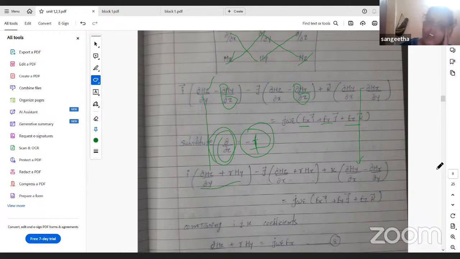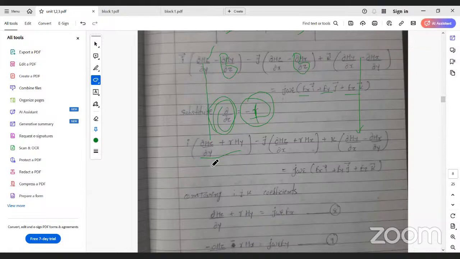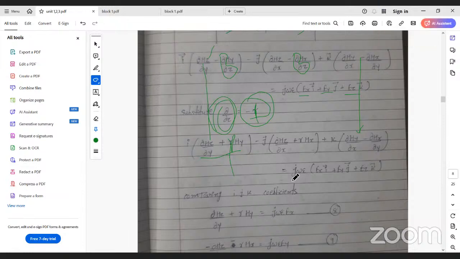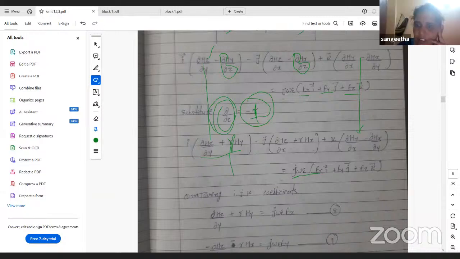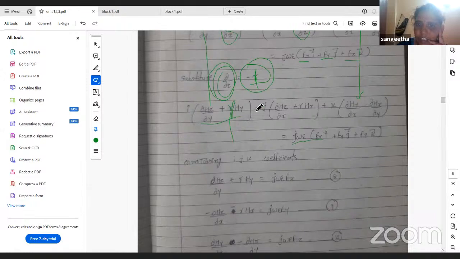Next, the RHS part. Now I am comparing the i, j, k coefficients. What is the i coefficient here? Dou Hz by dou y plus gamma Hy is equal to what you have on the RHS side: j omega epsilon Ex. Now the next second term: dou Hz by dou x plus gamma times Hx.